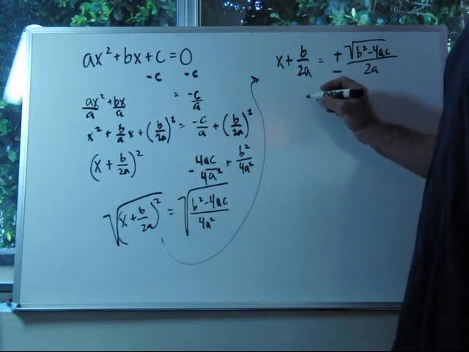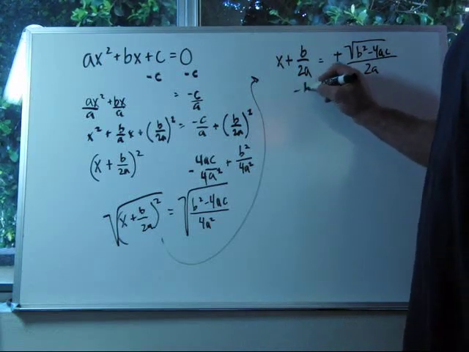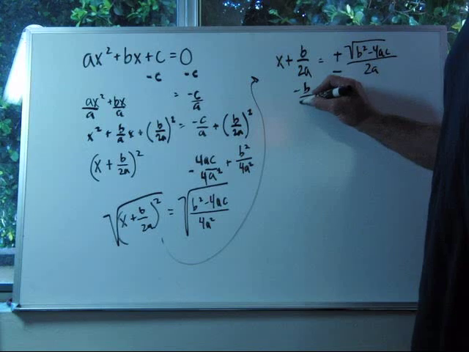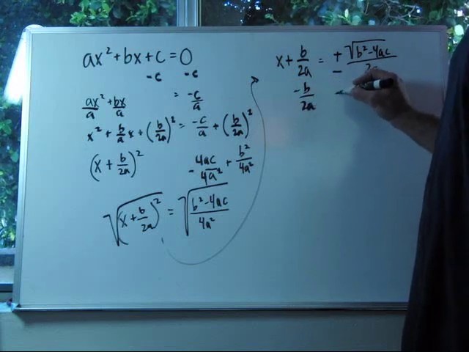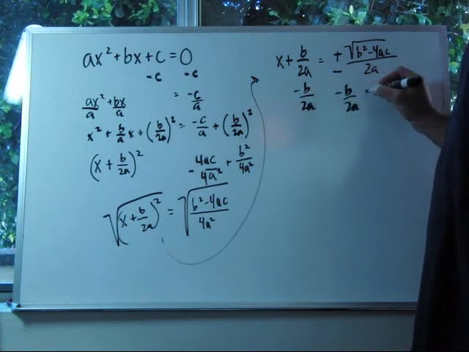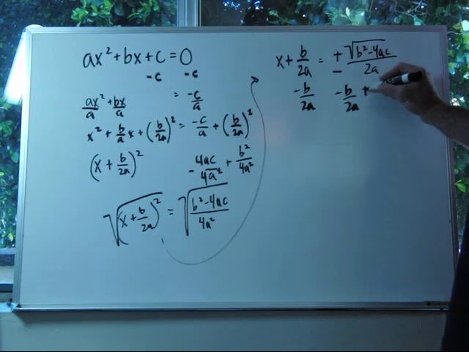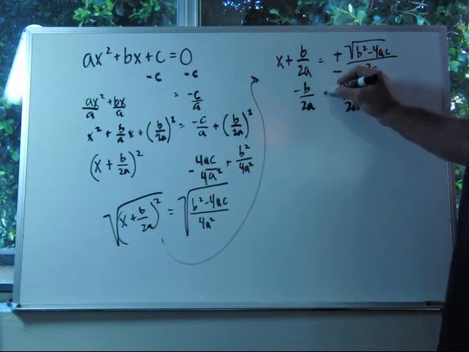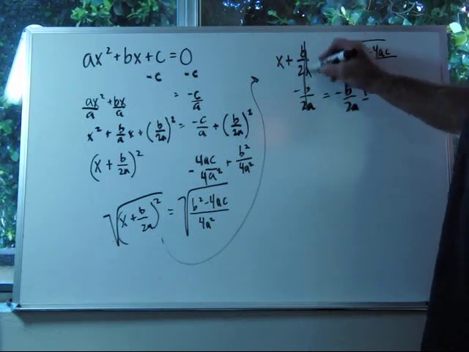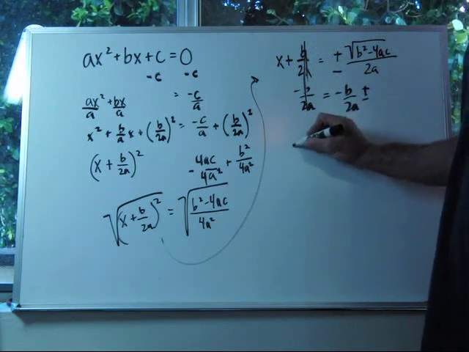Now we subtract b over 2a on both sides. So this all cancels out. So on the left side we have just x.